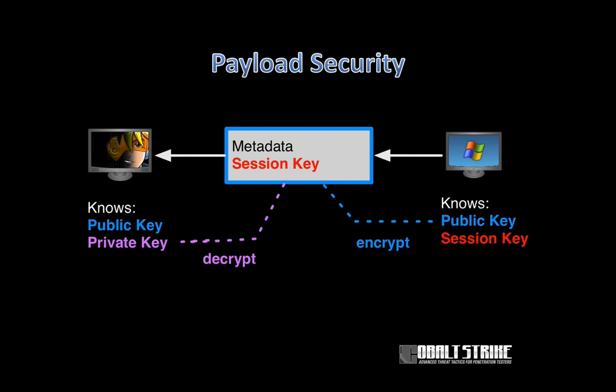It then encrypts metadata to send back to the Cobalt Strike team server. And it uses the public key, which only your team server can decrypt, to send this metadata. Included in the metadata is the session key for that particular Beacon session.